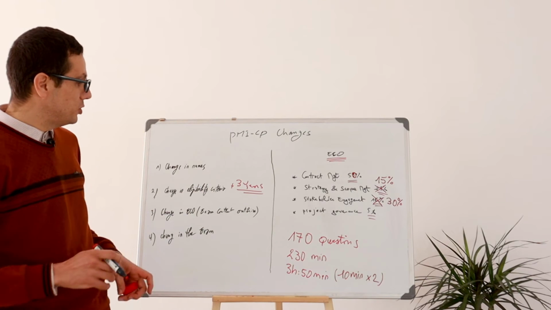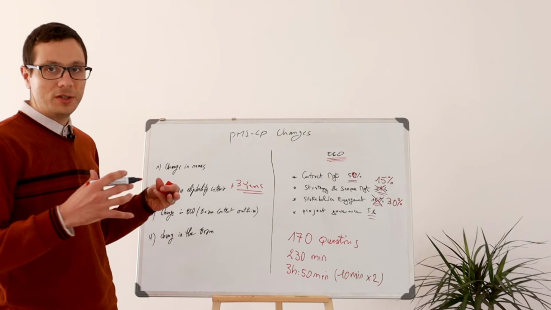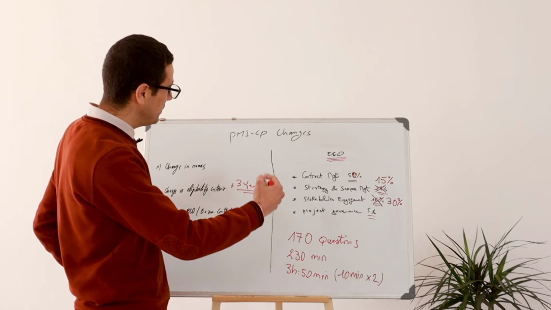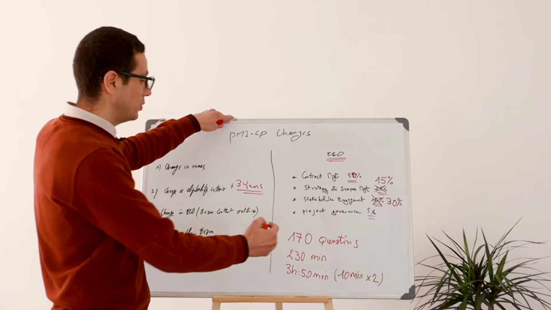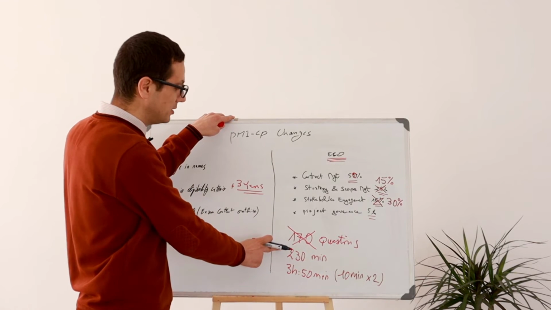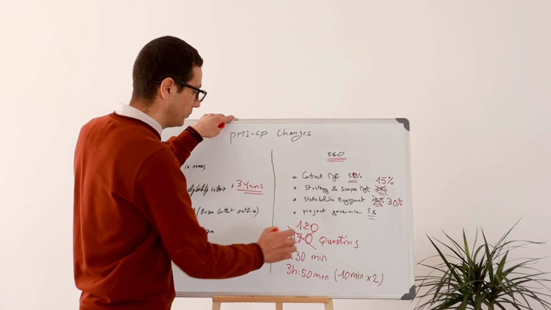So now the new change is in the number of questions, because the scope is reduced and PMI has an intent to make it simpler. So they have reduced the number of questions from 170 to 120 questions.